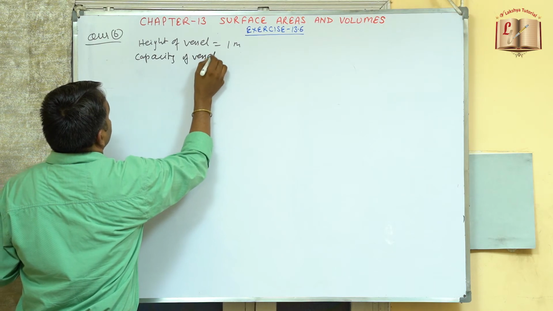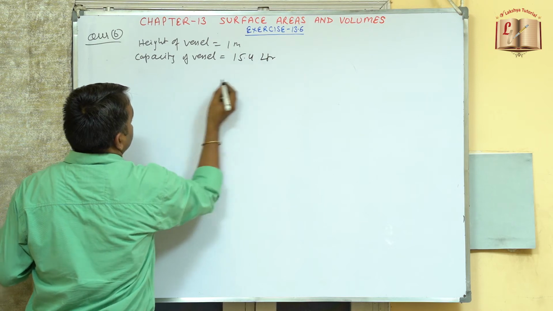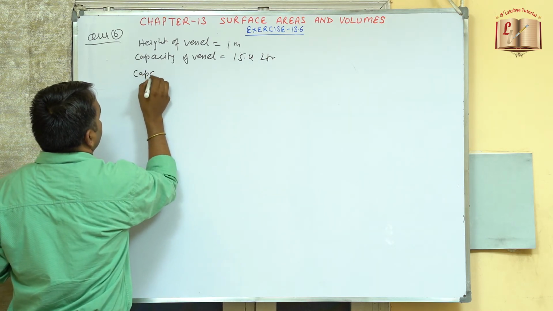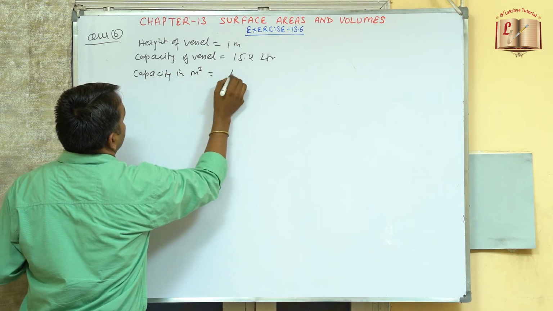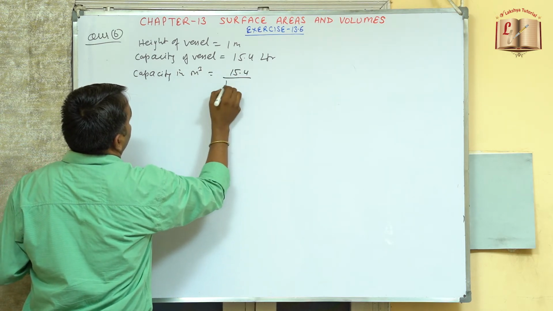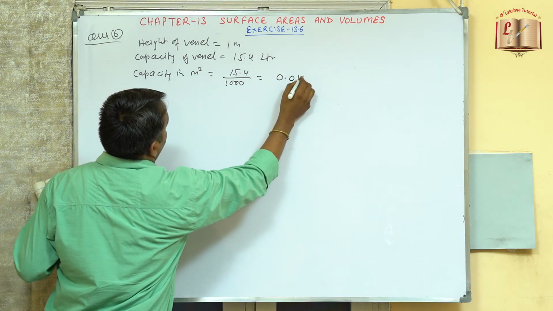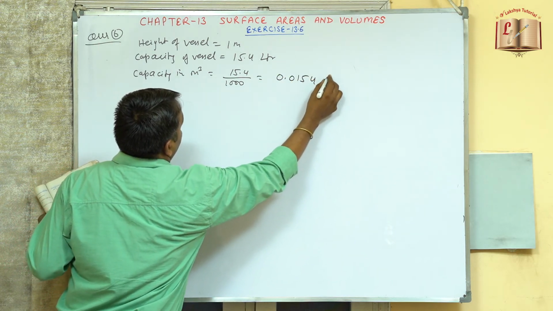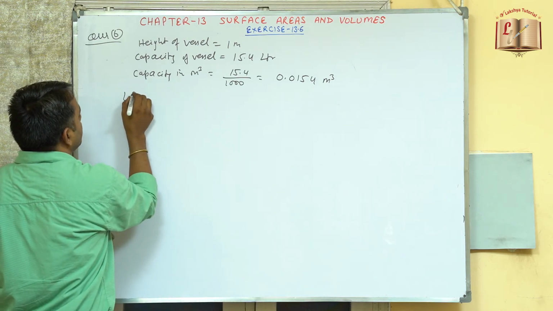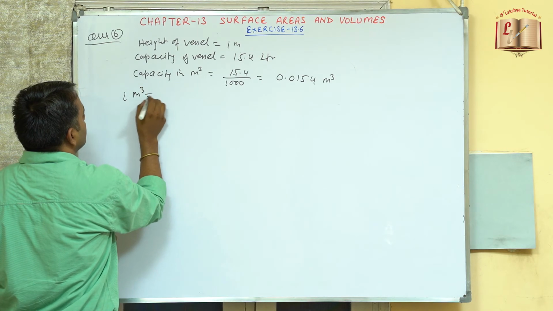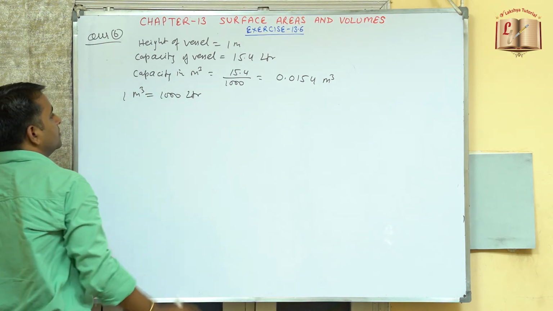Capacity of vessel is 15.4 liters, or capacity in meter cube will be equal to 15.4 divided by 1000. So this will be 0.0154 meter cube, because we know 1 meter cube is equal to 1000 liters.